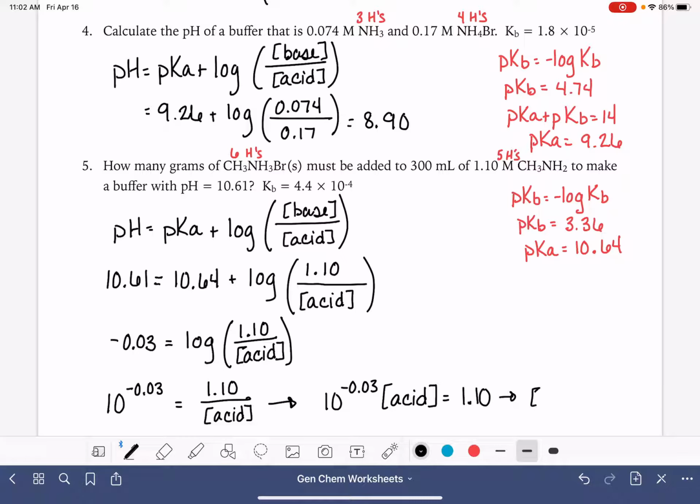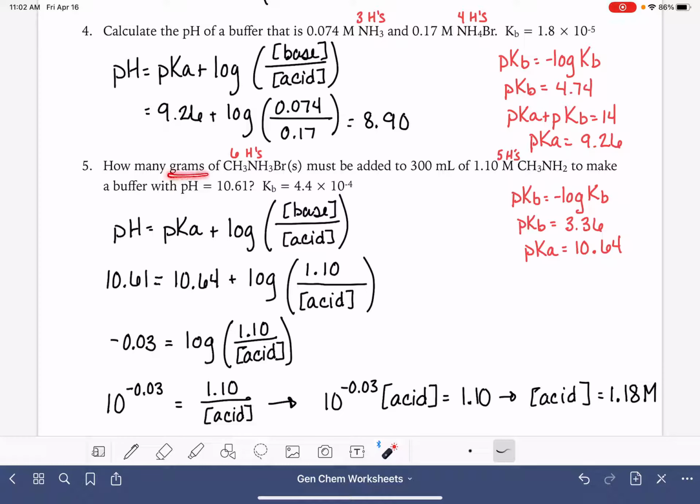And now I can solve for the concentration of the acid. 1.1 divided by 10 to the negative 0.03 gives me 1.18 molar.